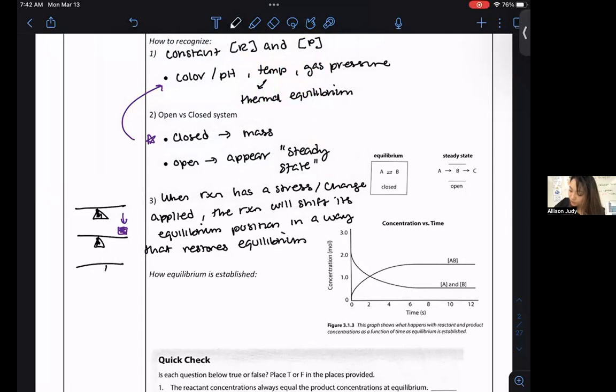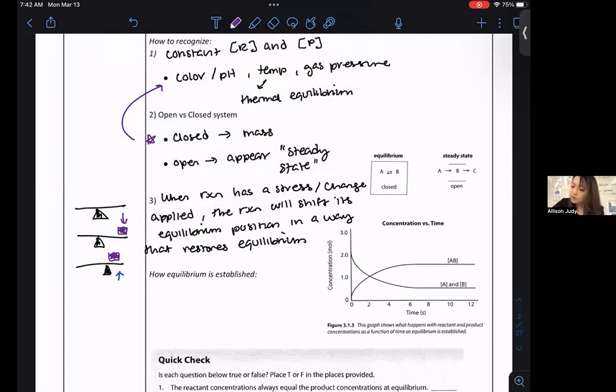We might have to shift the position of our equilibrium in order to pull back up that side that has been dropped down, affected by this original stress or change.